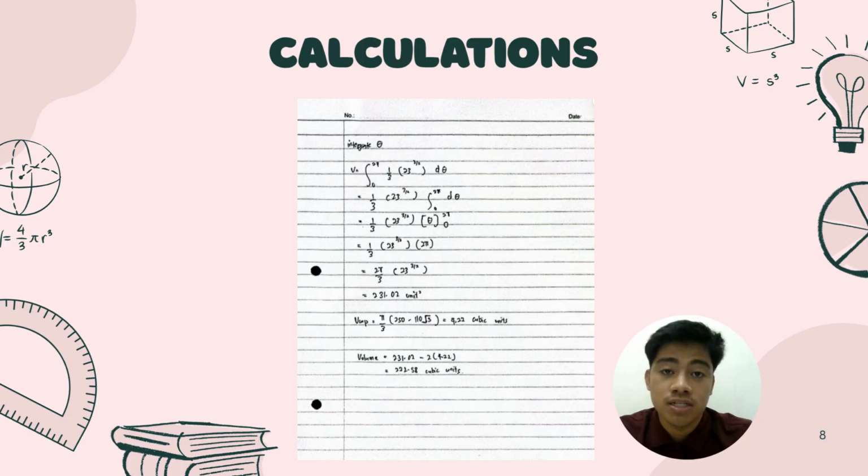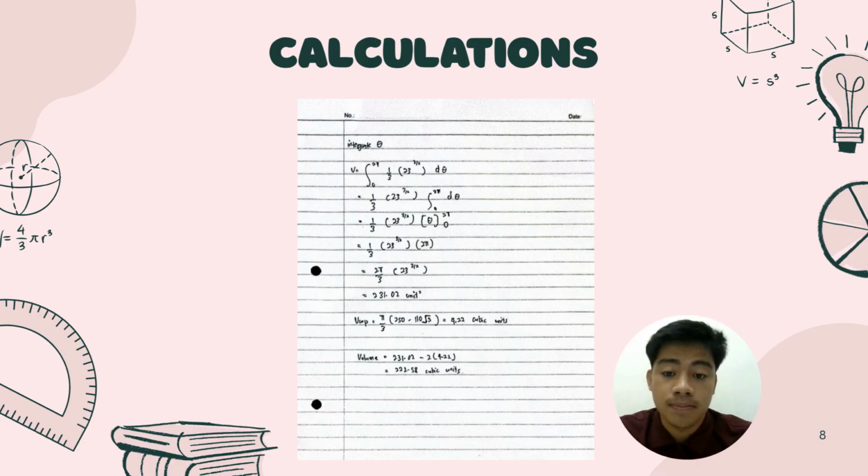1 over 3 times 23 to the power of 3 over 2 times the integral from 0 to 2 pi d theta. Integrating gives us theta evaluated from our limits of 0 to 2 pi.